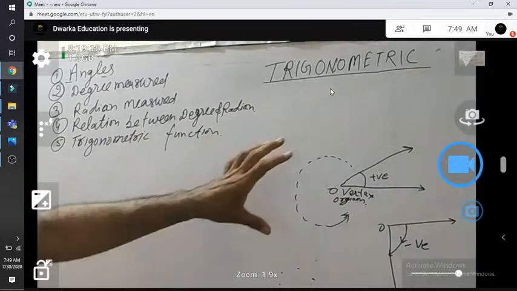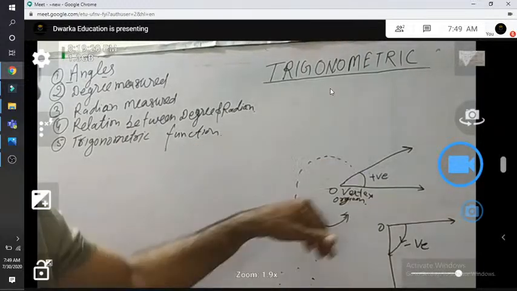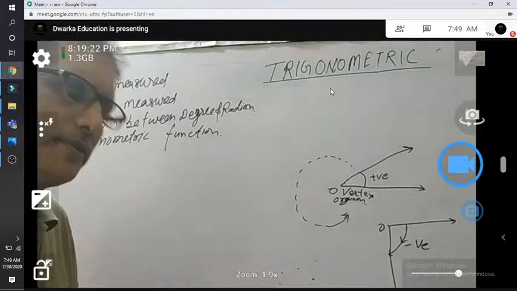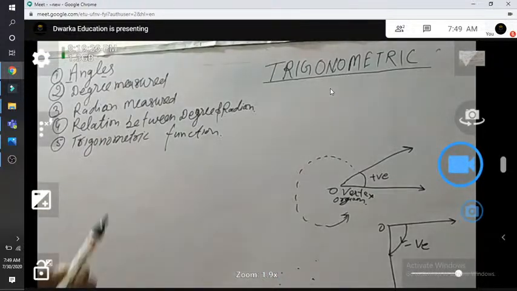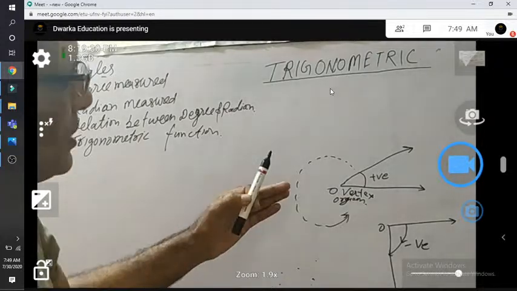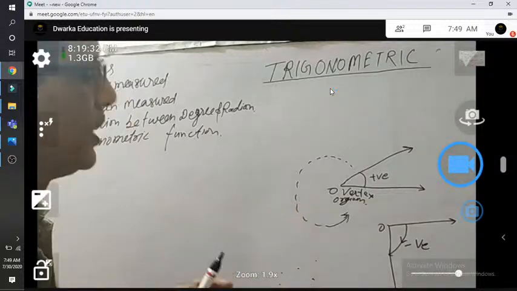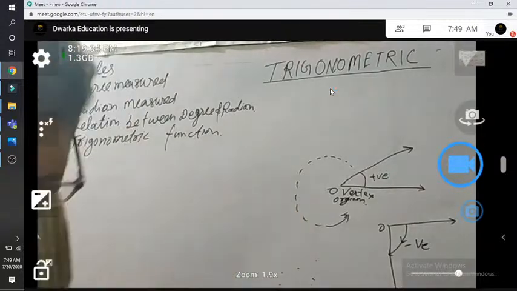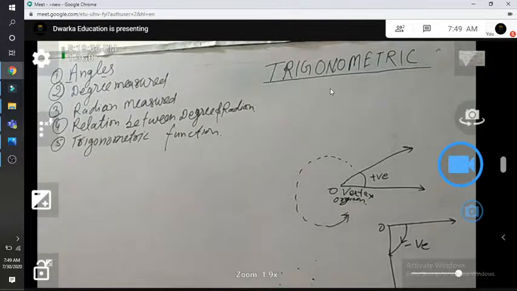It is sufficient to know that this is a positive angle and this is a negative angle. In trigonometry, there are two types of angle: negative or positive.